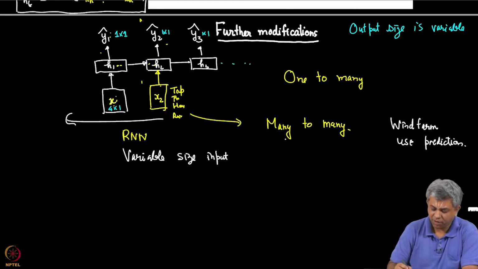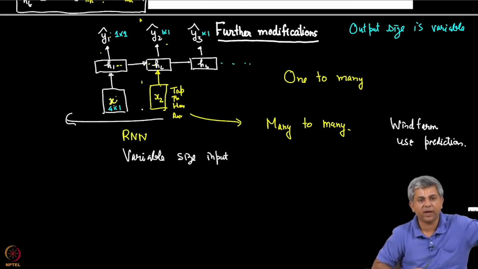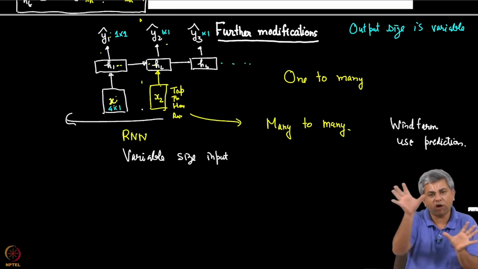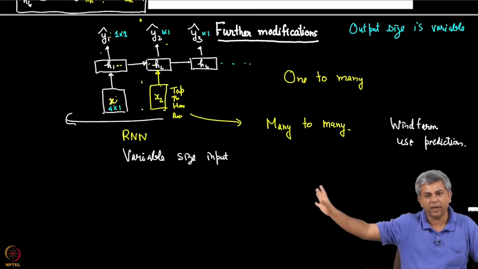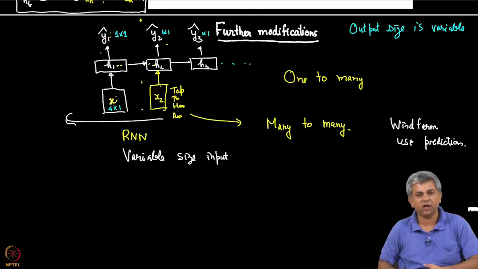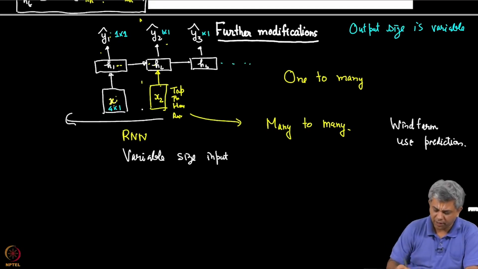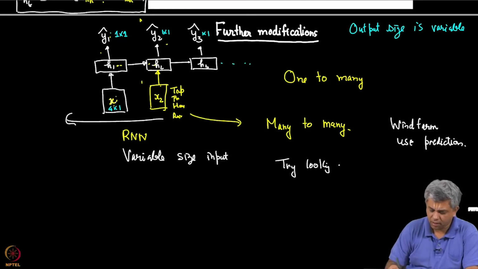An example of a many to many thing would be I give many days data and you give out future prediction of many days temperature. That would be many to many, and I would recommend that you try looking at all classifications using this temperature example.